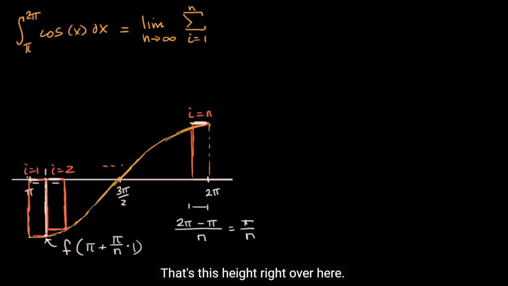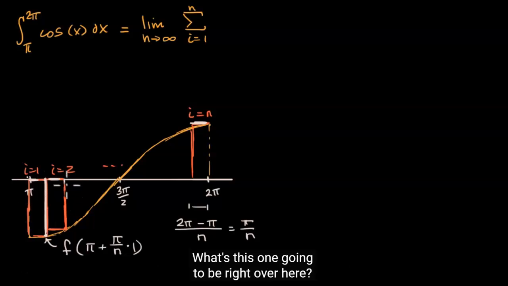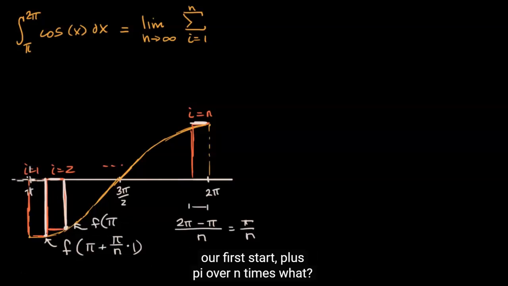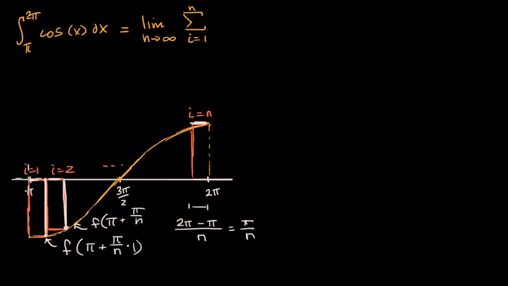That's this height right over here. What's this one going to be right over here? Well, this one is going to be f of pi, our start, plus pi over n times what? We're going to add pi over n 2 times. Pi over n times 2.